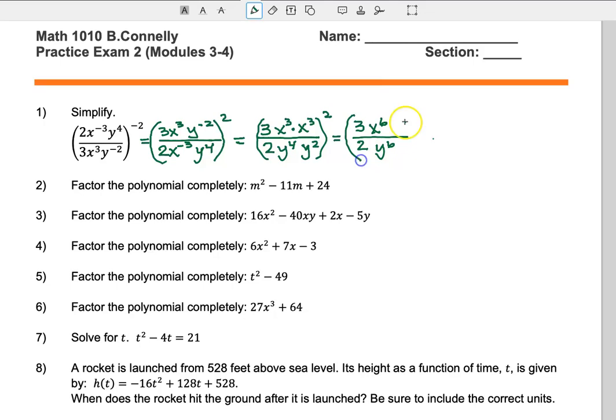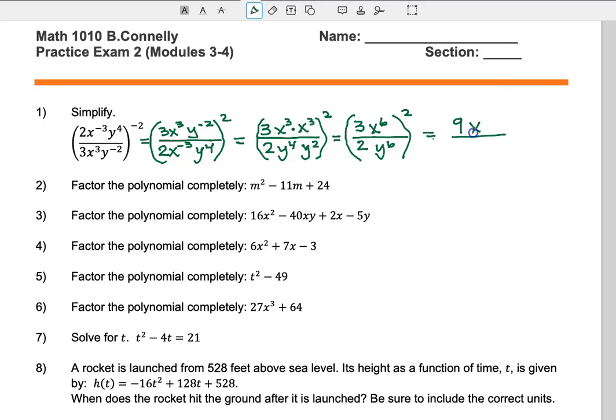And now I'm going to raise everything to the 2nd power. All right, so my coefficients need to be raised to the 2nd power as well as my variables. So 3 to the 2nd power is 9. 3 times 3 is 9. X to the 6th raised to the 2nd, right? When we have a power raised to a power like this through these parentheses, we multiply those together.